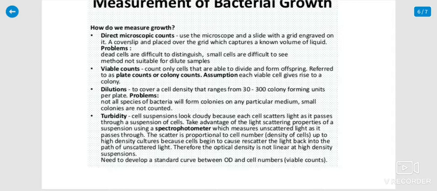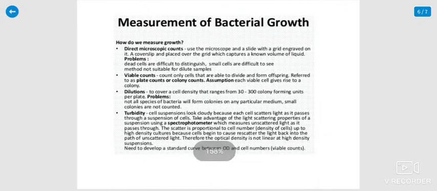The problems are that dead cells are difficult to distinguish, small cells are difficult to see, and the method is not suitable for dilute samples. So every method has advantages and disadvantages. Finally, the OD value and cell numbers come from viable counting. These are the basic steps of measurement of bacterial growth.